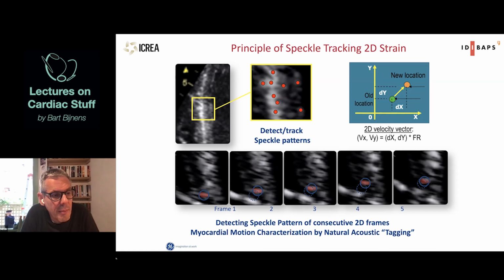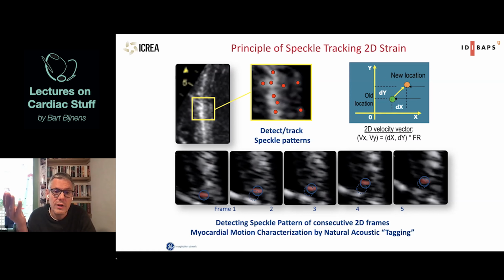Now, one rule of thumb that you can use in strain imaging is that you try to have a frame rate which is at least as close as possible to the heart rate. So if you have a patient with a heart rate of 60, then a frame rate of 60 is reasonable, let's say it that way.